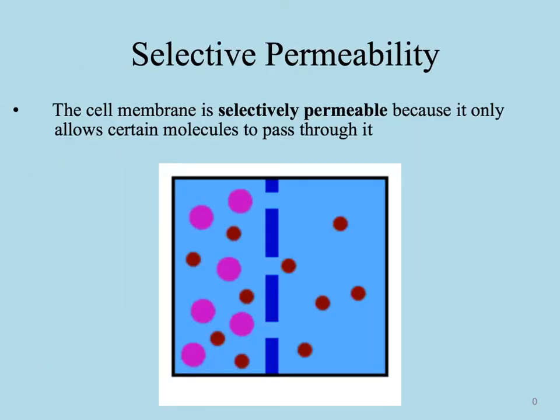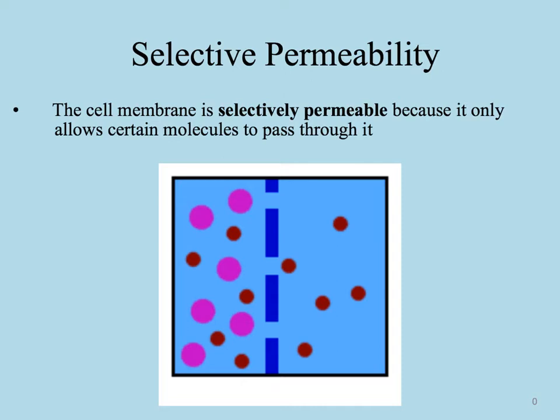Alright, so before we get into how the cell regulates what comes in and out, you need to know the term selectively permeable, or you also see it referred to as semi-permeable. And what that means is that it's going to allow some substances to move through while keeping others out.